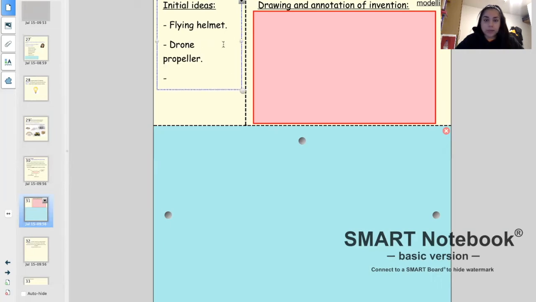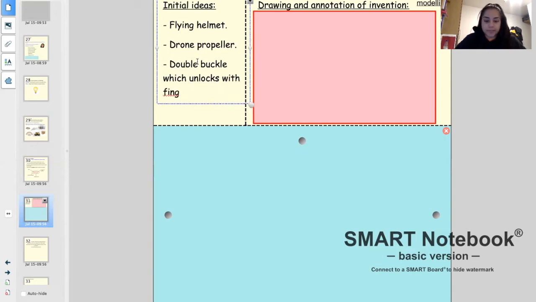And I want it to also have a double buckle, which unlocks with fingerprint ID. So ID identification, okay? So these are just some initial ideas I have. It doesn't have to be very detailed, but we're looking for some initial ideas written in your first box.